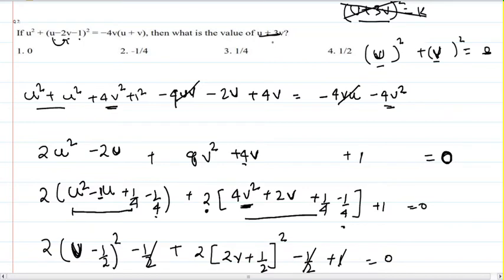I want the answer for u plus 3v. I am getting u as 1 by 2 and I'm getting v as minus 1 by 4. So this is going to be my answer. The LCM between both is 4. So 2 minus 3 is minus 1 by 4. Guys, minus 1 by 4 is answer option 2.